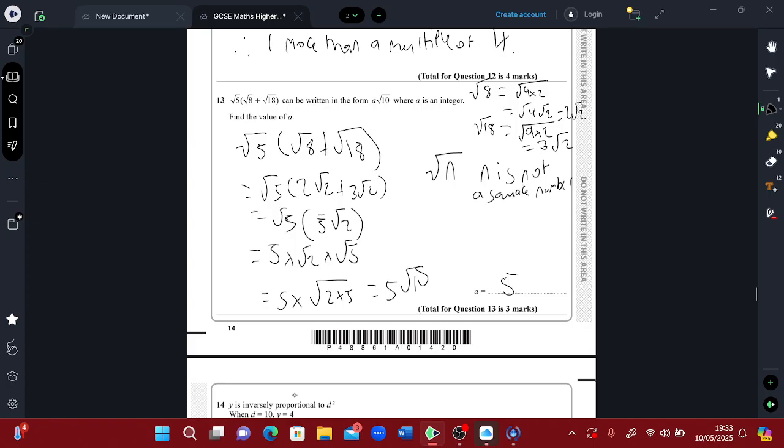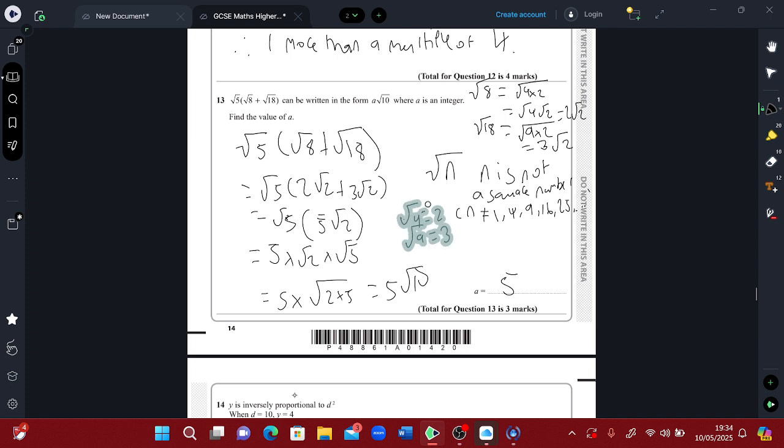So n cannot be 1, 4, 9, 16, 25, because root 4 is 2 and root 9 is 3.